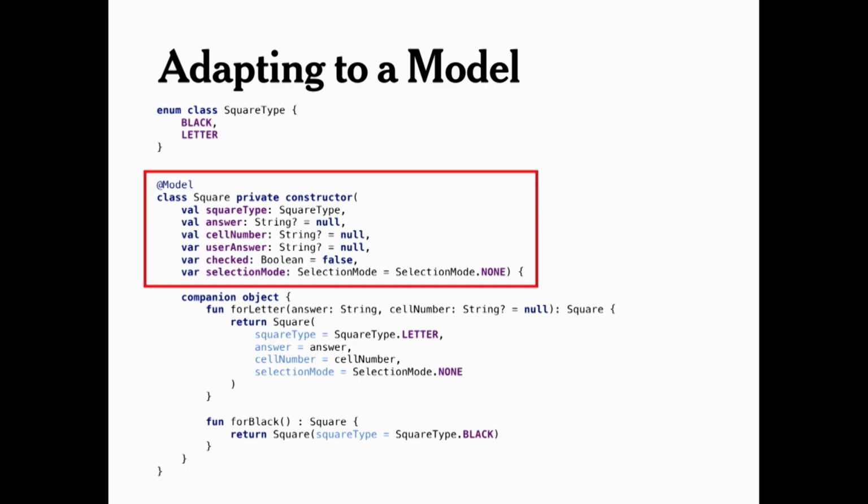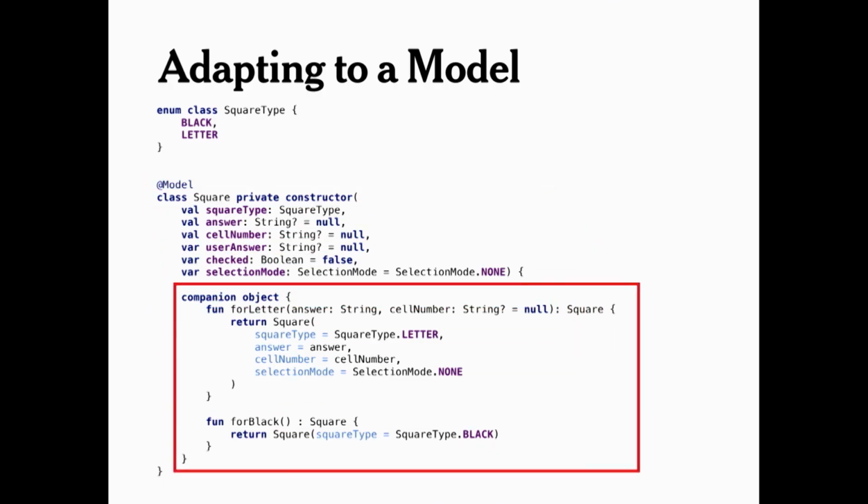And then we have the cursor selection mode for that given square. And then I've also just, for my purposes, made some convenience constructors here for letters and for black squares.